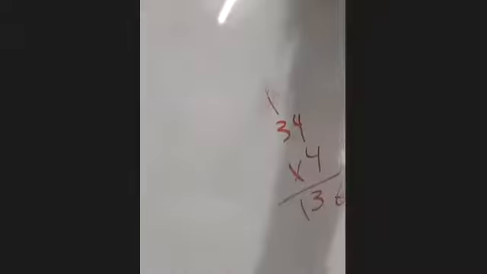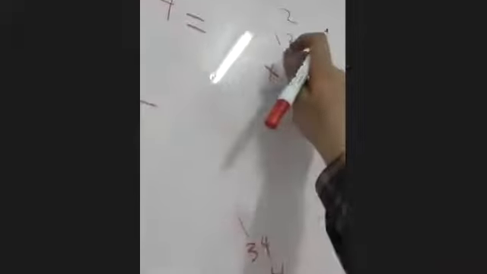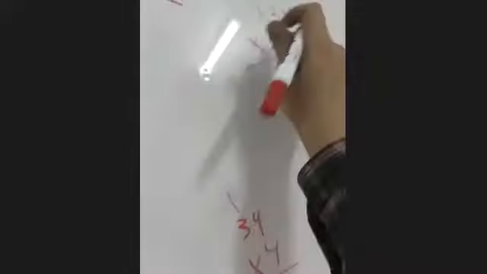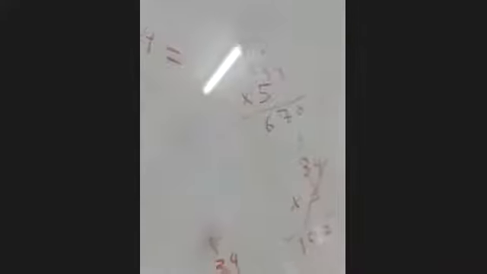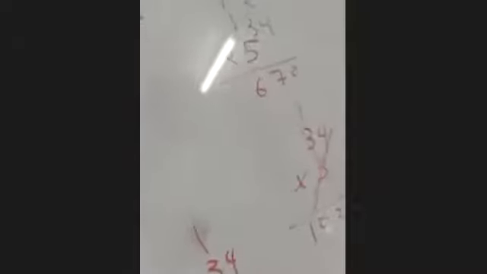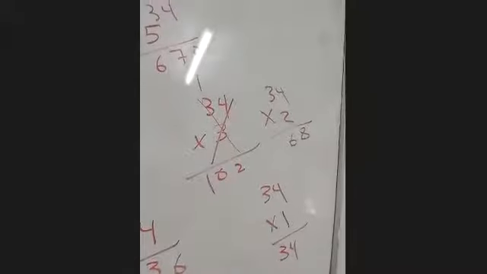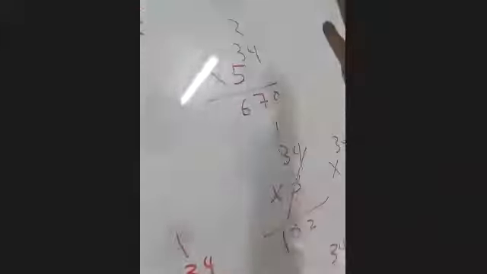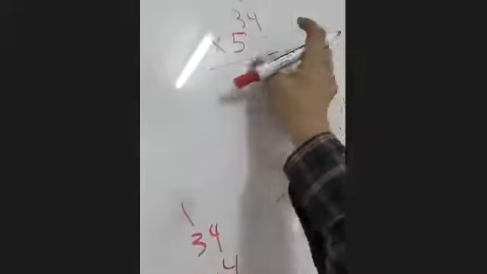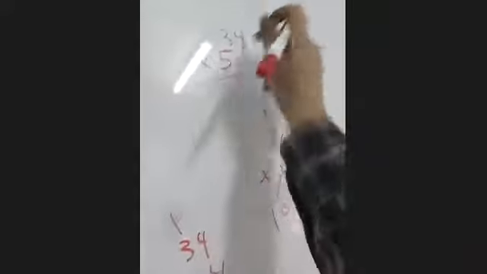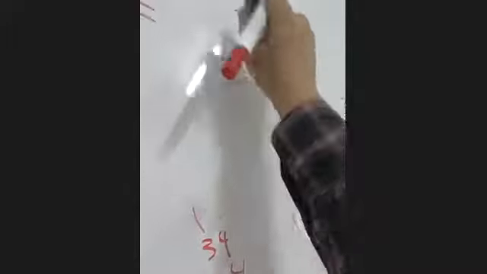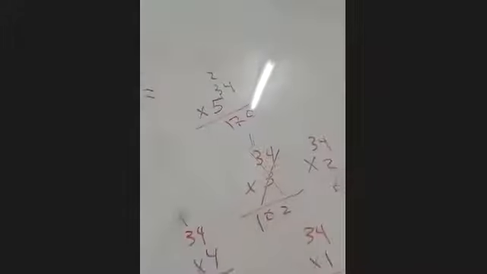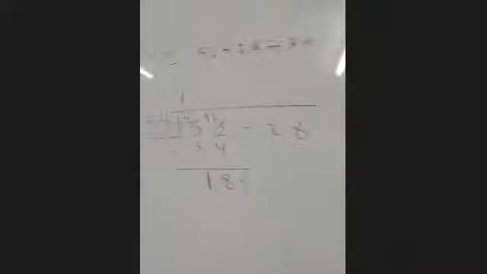I'll choose 5. 5 by 34. 5 by 4, 20. 5 by 3, 15, with 2, 17. I made a mistake, sorry, it's by 34. 170. I want 184.